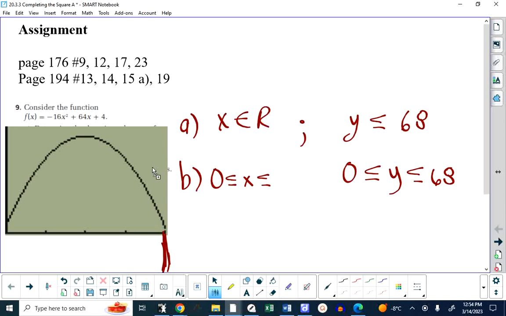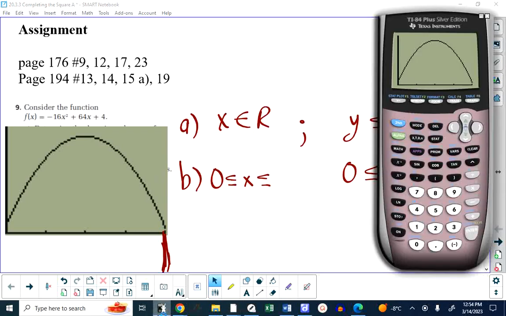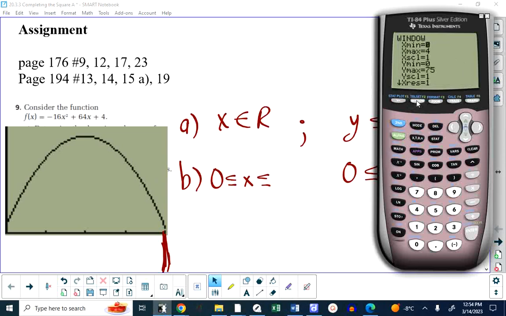See, in order for us to find that out, Alexa, we have to go back to our window settings, broaden our horizons horizontally. I'm going to go to 5. And also look below the time or x-axis so we can see that tail hanging over, so we can use the 0 function of our calculator, because we have to go left and right of that. So I take it back.